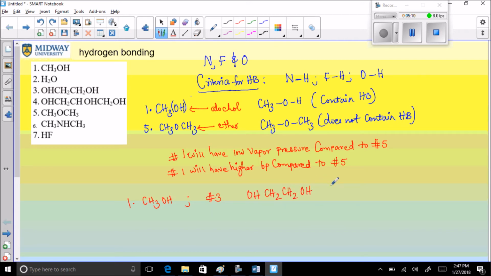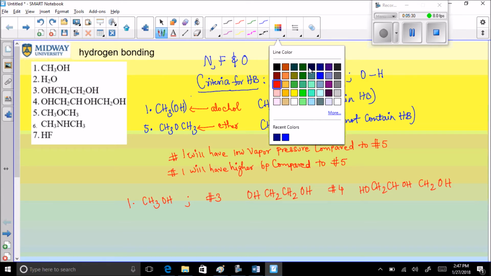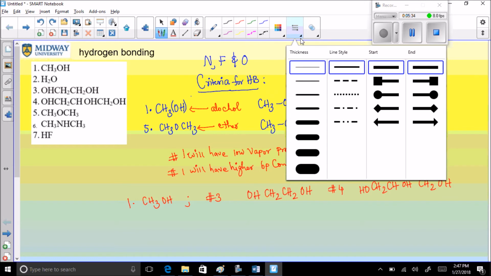And then you have number 4, which is glycerol, which could be used as an artificial tear-producing agent. I'm going to switch colors here. I guess I could use black.